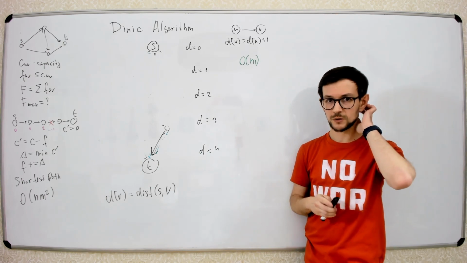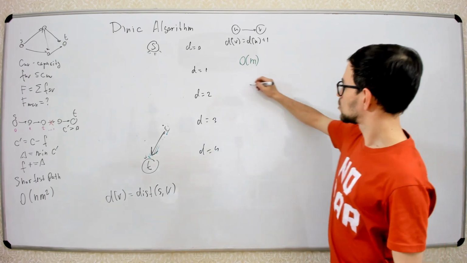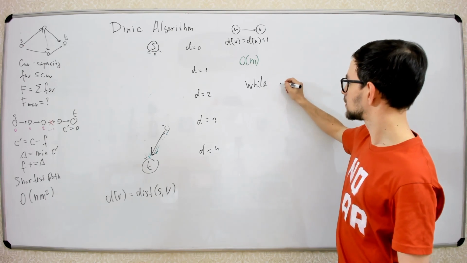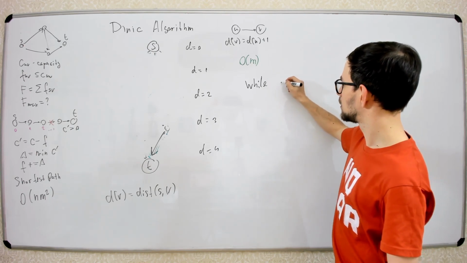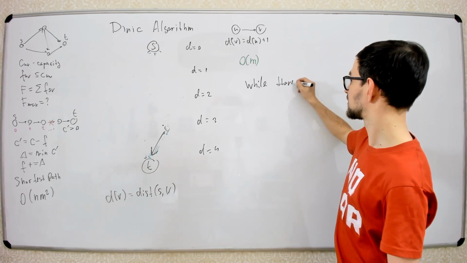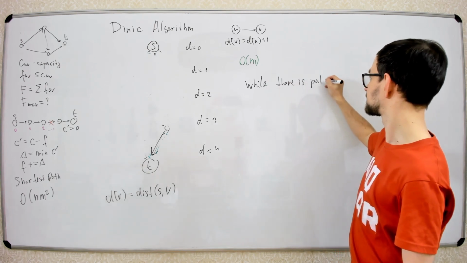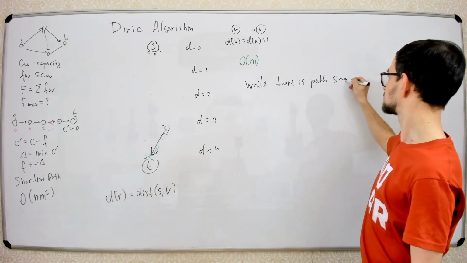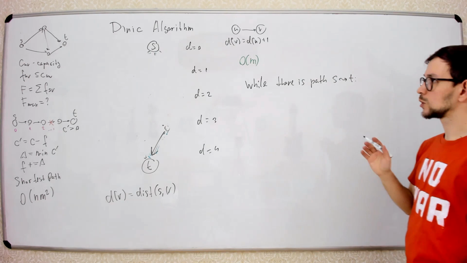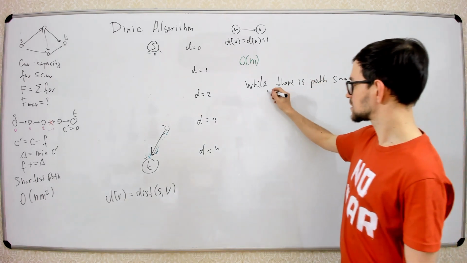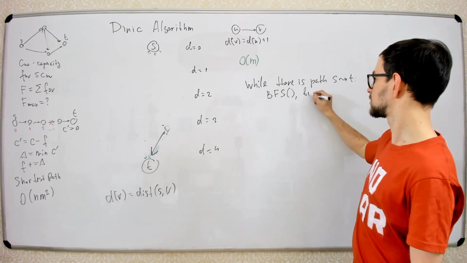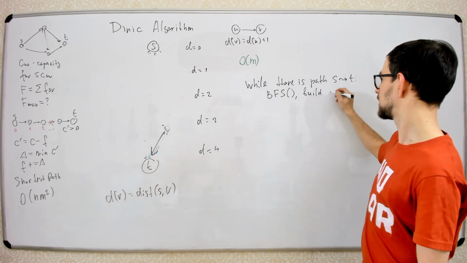Well, let's write some pseudocode. So what happens? While there is a path from S to T, we run the BFS and build a layered network.